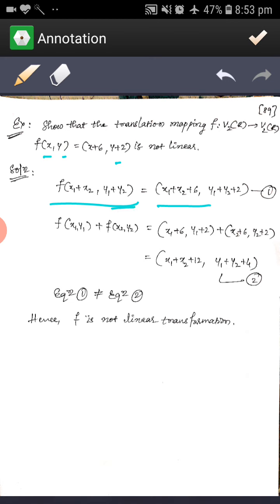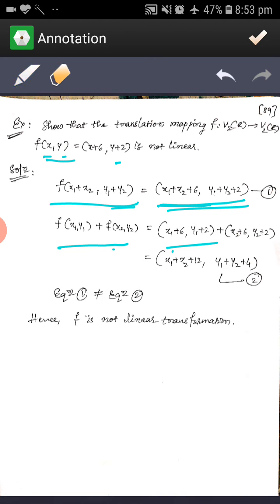Then f of x1 comma y1 plus f of x2 comma y2 is what linearity requires. Wherever the x1, y1 term is there, we write x1 plus 6 comma y1 plus 2.